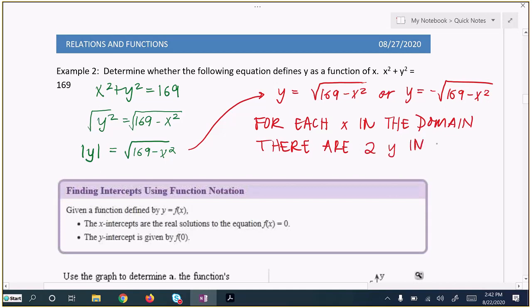So this is not a function. The relation is not a function.